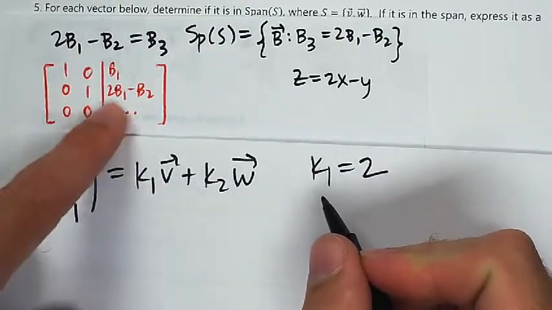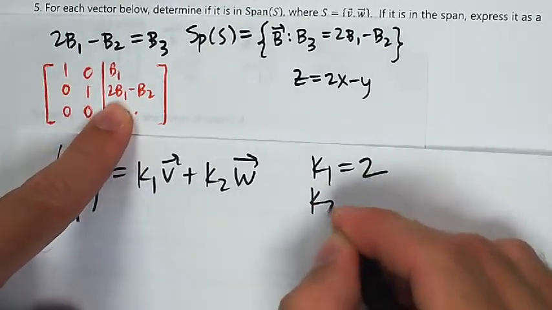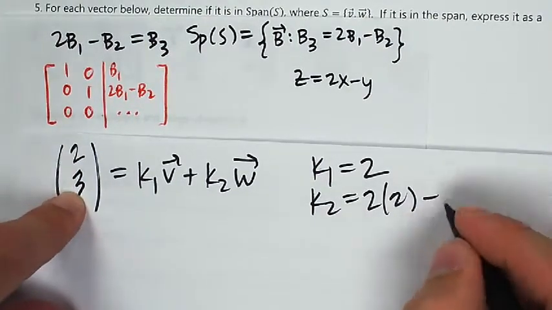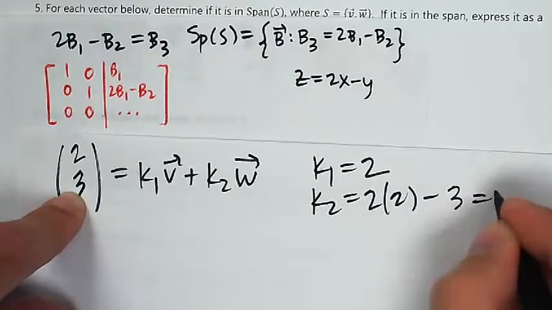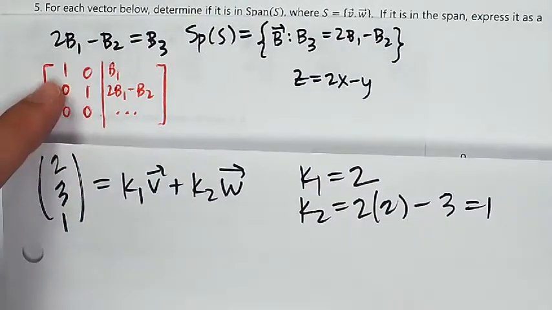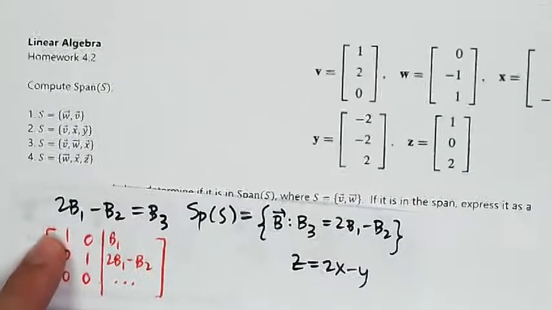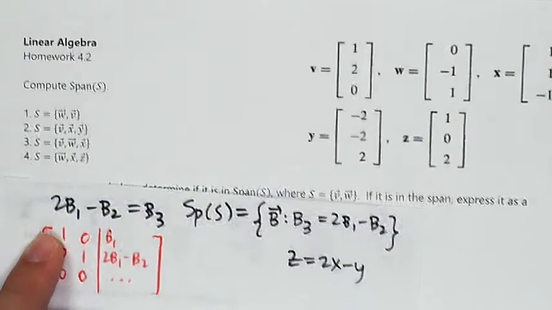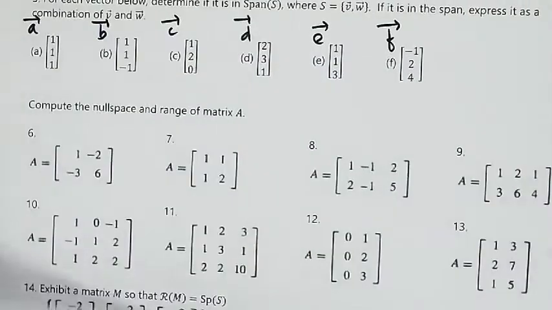And K2 is equal to 2B1 minus B2, so 2 times 2 minus 3 is 4 minus 3, that's just going to be 1. So evidently 2 V's plus W equals 2, 3, 1. Yep, sure enough, 2 V's plus W does equal 2, 3, 1. And that's all for number 5.